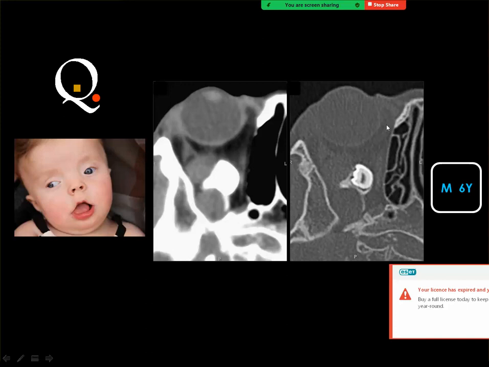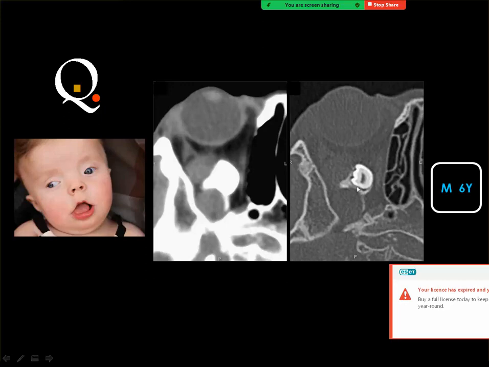If you look carefully, you see that the orbit is enlarged. And inside the orbit, there are soft tissue densities and the calcific shadow. In the bone window, the calcific shadow is just a tooth.